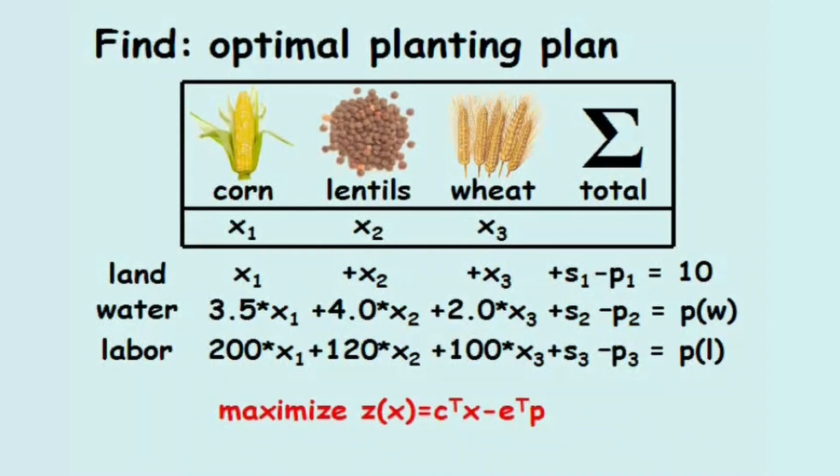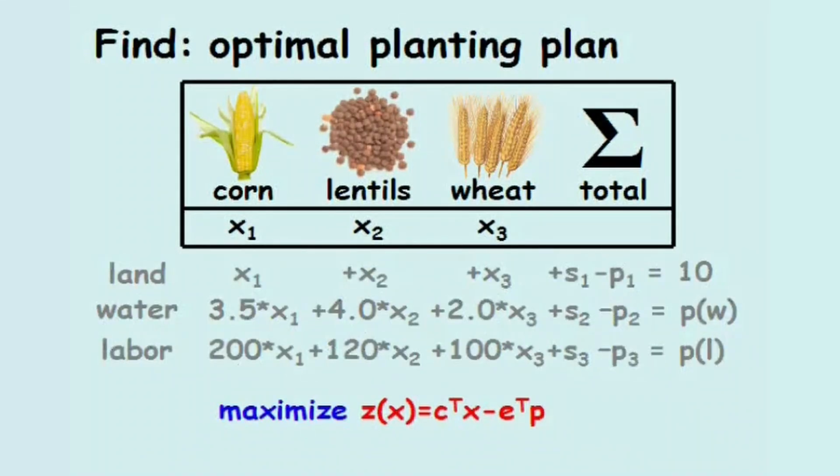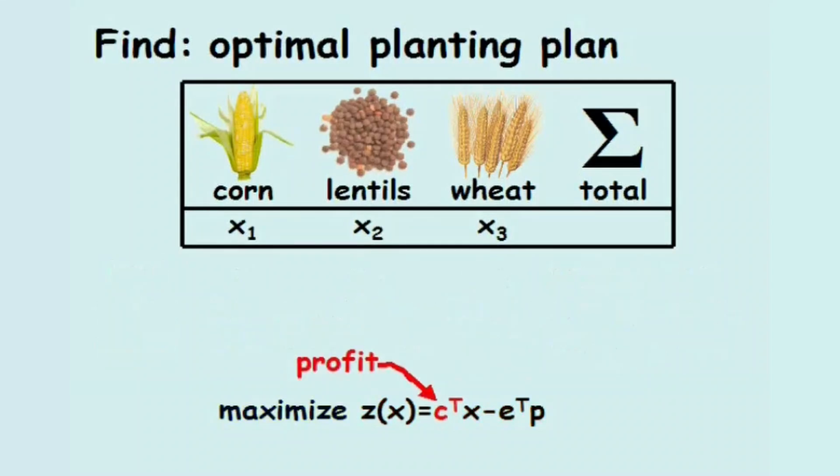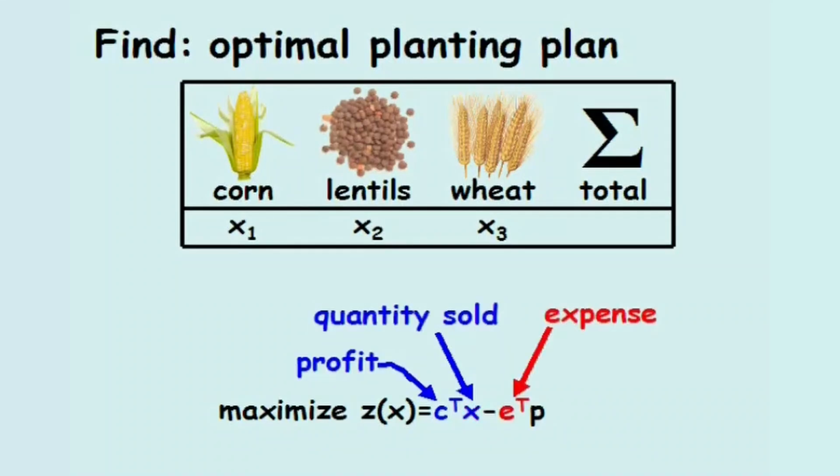The objective function is to maximize the total profit, z of x, which equals c transpose x minus e transpose p, where c represents the profit from 1 acre of crop sales, x represents the quantity of acres of each crop grown and sold, e represents the expense of planting and growing a crop, and p represents the quantity of crops lost due to insufficient resources.